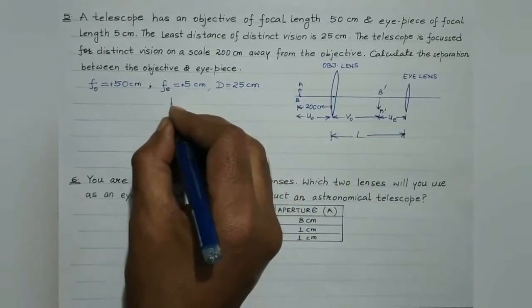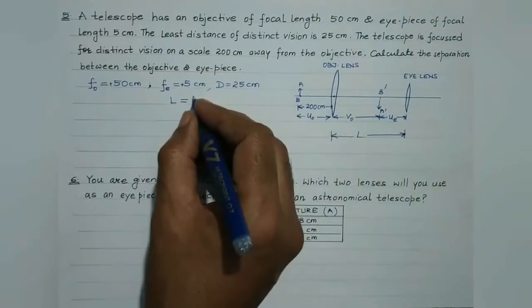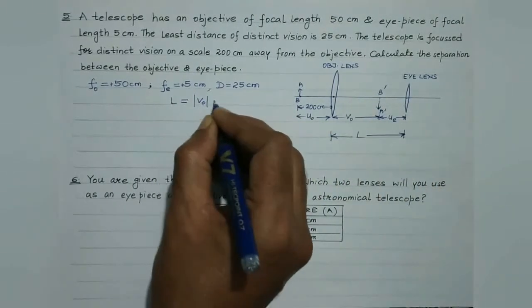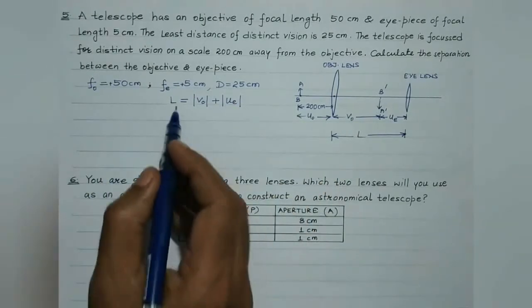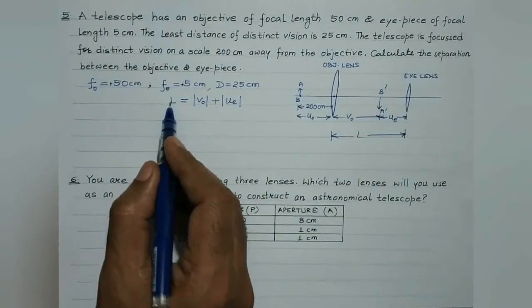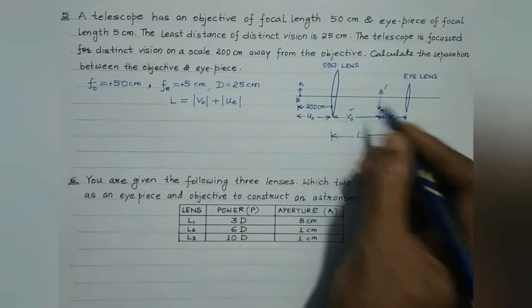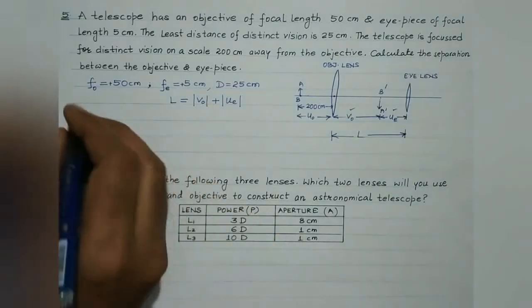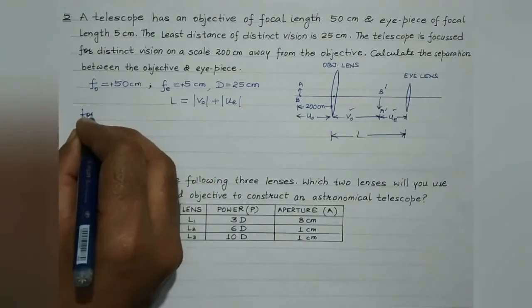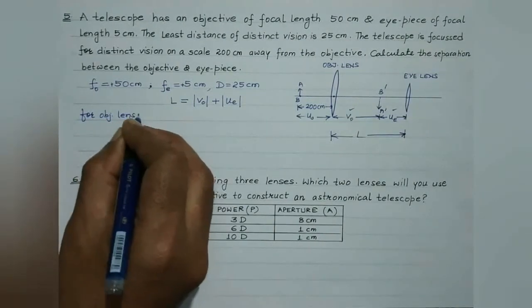Therefore, this is to be found. The separation between the objective and the eye lens would be given by the magnitude of V0 and the magnitude of UE. And to find out the length of the tube or the separation between the objective and the eyepiece, we need to find out the value of V0 and then the value of UE. Clear? So, let's consider the object lens or the objective.